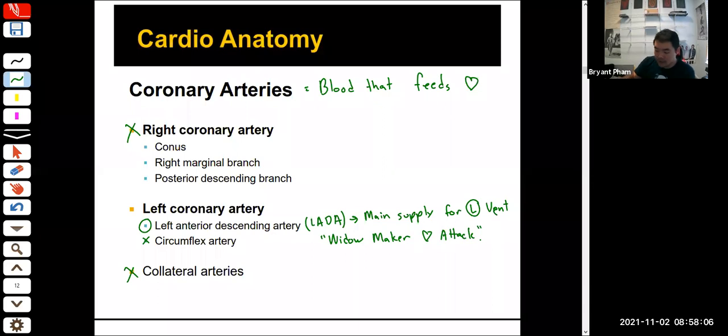It is the worst type of heart attack somebody can suffer. So if LAD becomes obstructed, what's the consequence? What if I get a blood clot in my left anterior descending artery? What's going to happen?